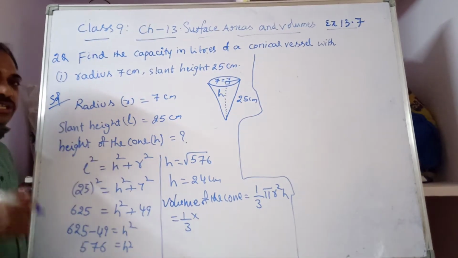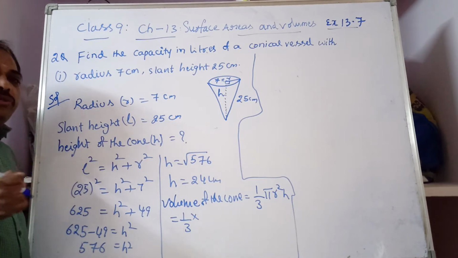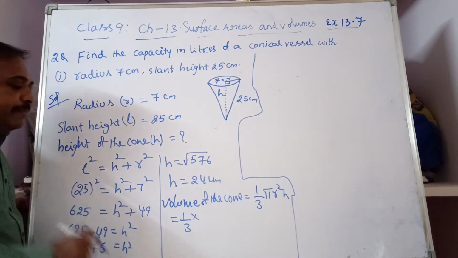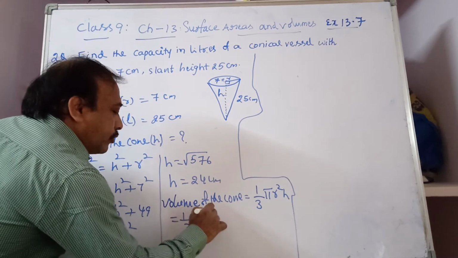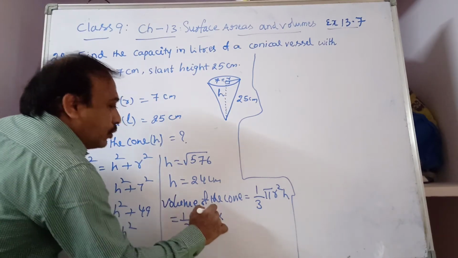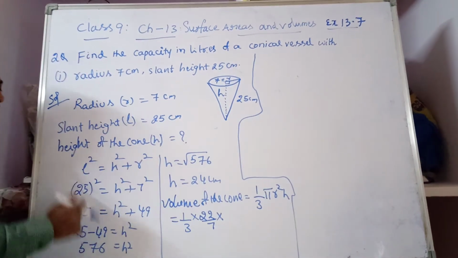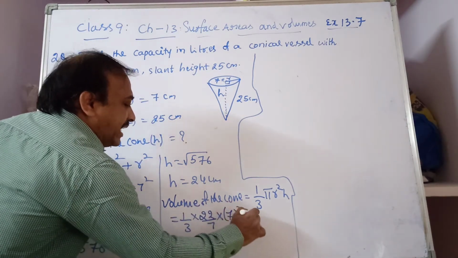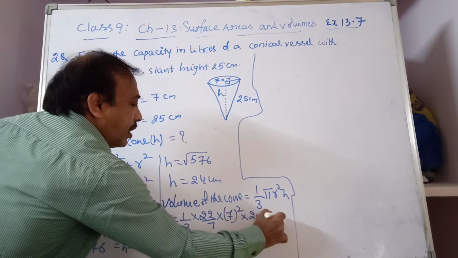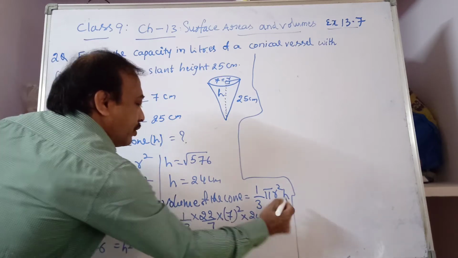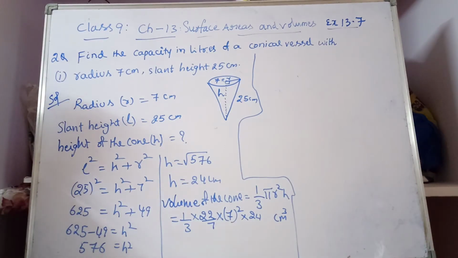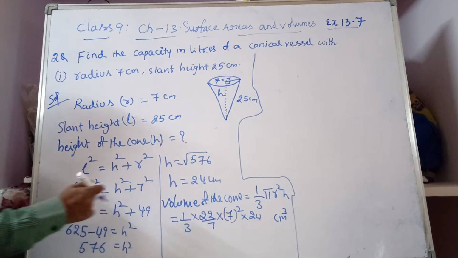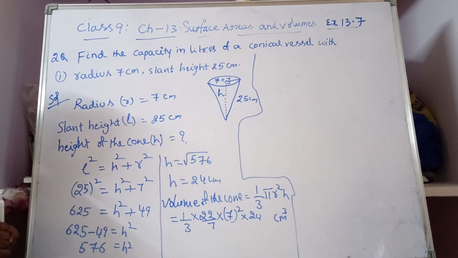Unless 3.14 is mentioned, we need to use 22 by 7. So 1 by 3 into 22 by 7 into 7 square into 24, and the volume is measured in cubic units, centimeter cube.